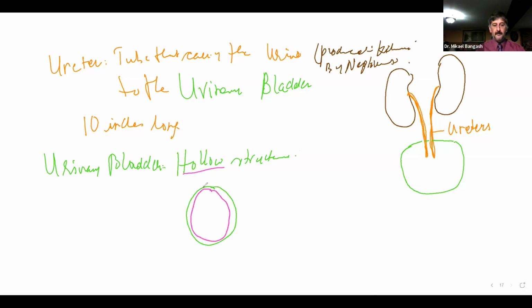Why would it need to be empty? Mainly so that it can get filled up by the urine. Now where is that urine going to come from? That is going to come from the ureters.